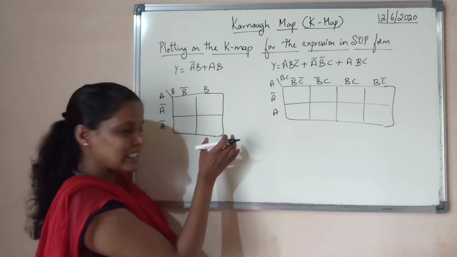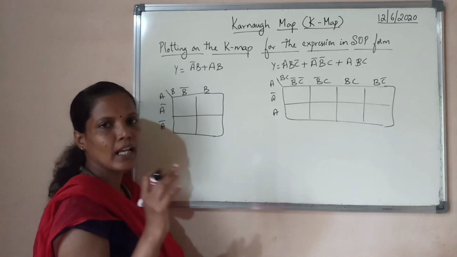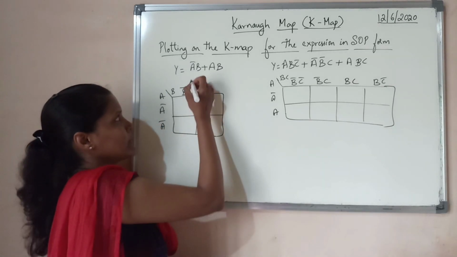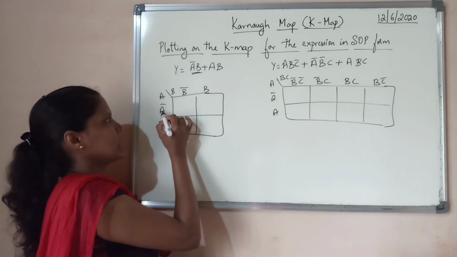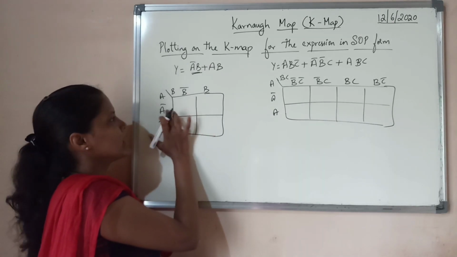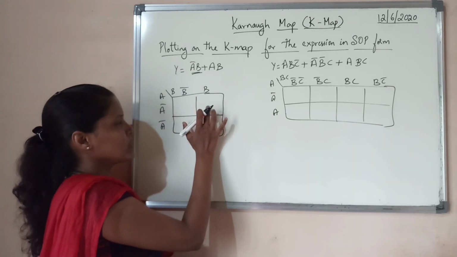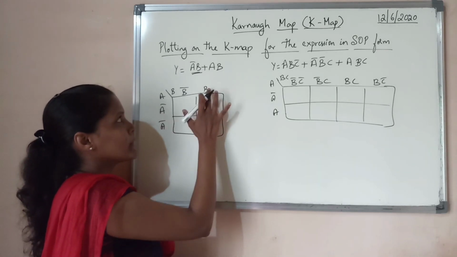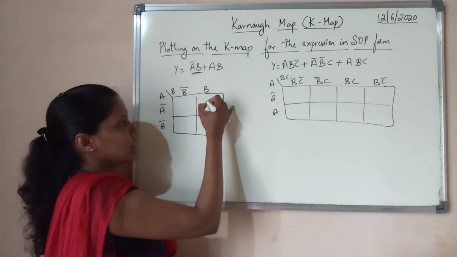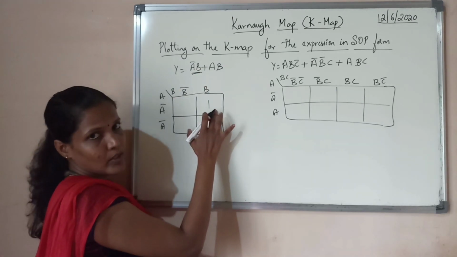For those particular cells, you have to write 1 and the remaining cells have to be filled with 0. A bar B is given. This cell has the minterm A bar B bar, so here I cannot write 1. Coming to this particular cell, A bar B, that is what we wanted. Identify the cells of the minterms and place ones over there.